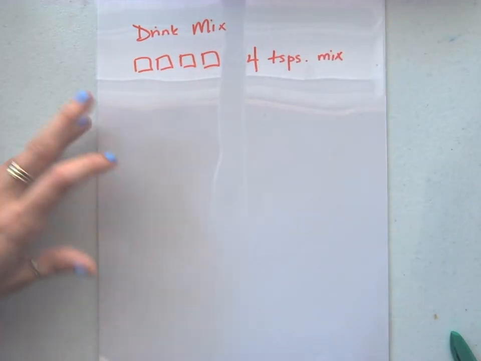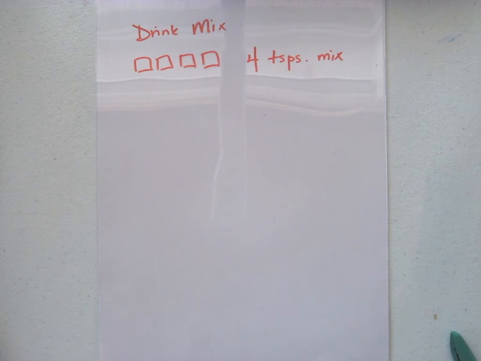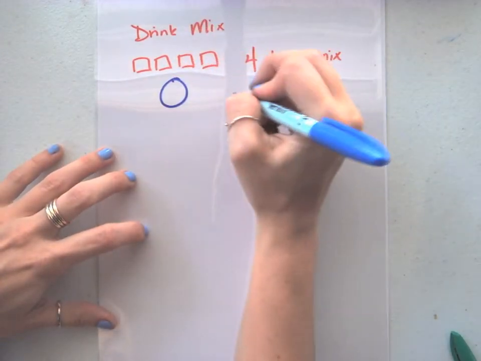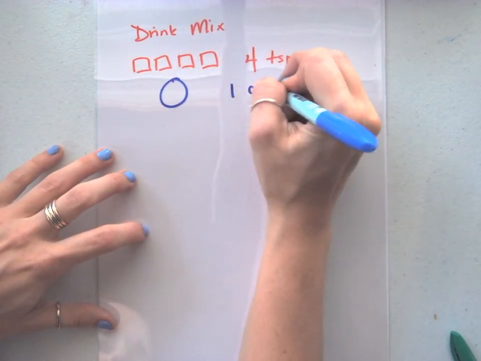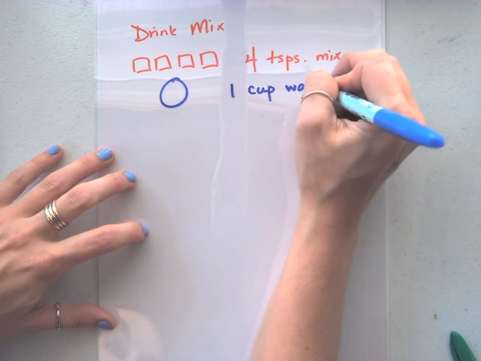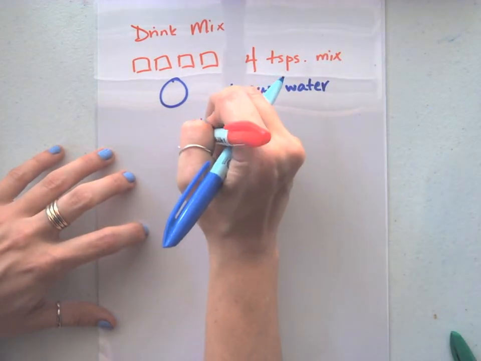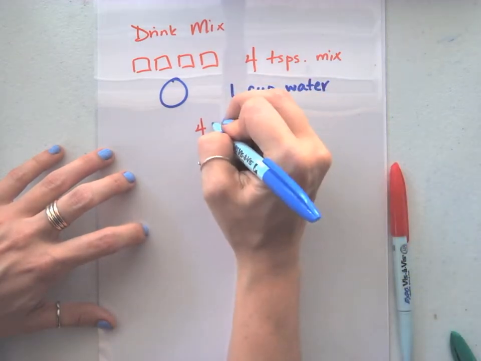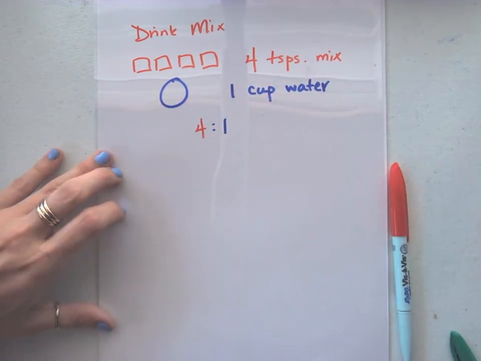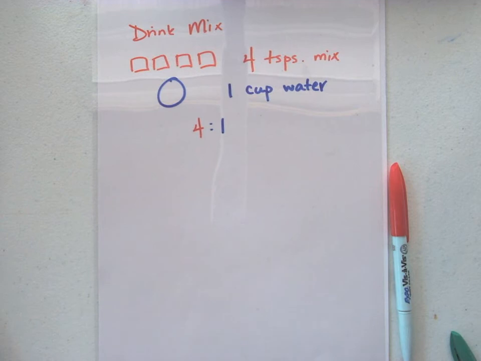And we're going to use 1 big cup of water. All right, so our ratio is 4 teaspoons of the mix for every 1 cup of water.